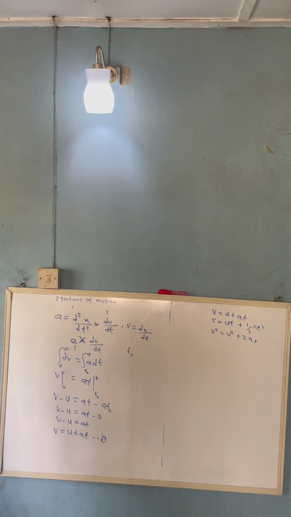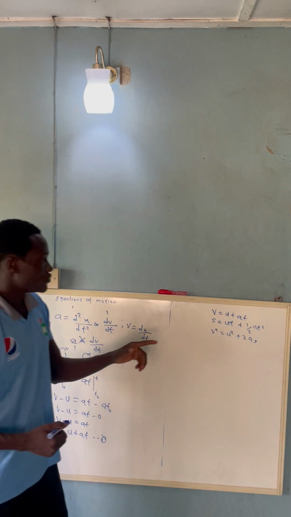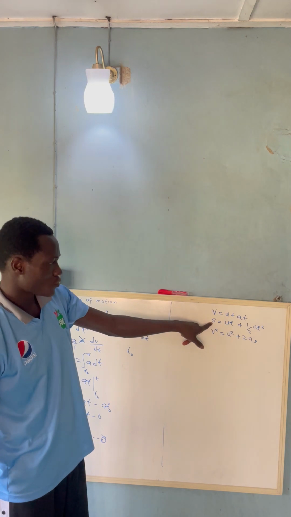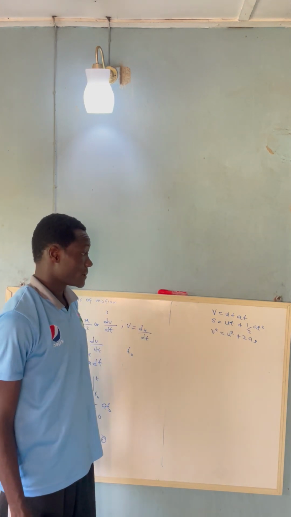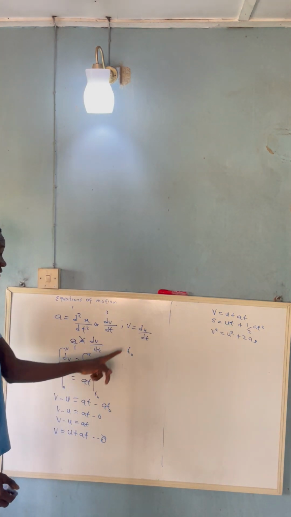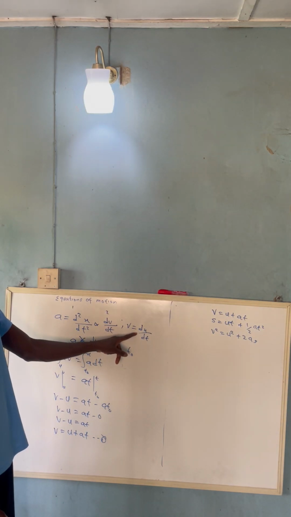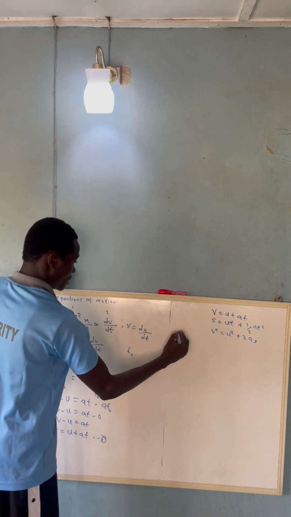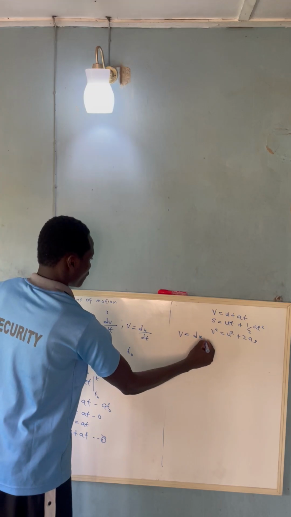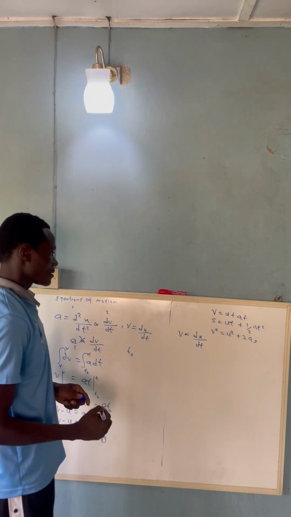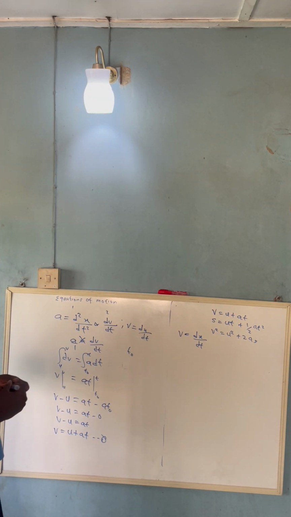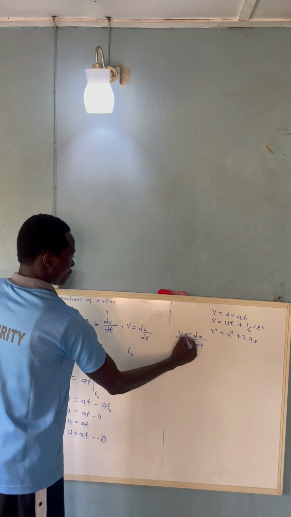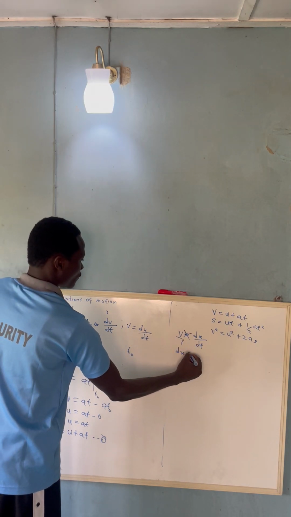The second equation of motion, notice we have displacement here, we have acceleration, and we have time. So we can use the velocity formula. Velocity is first derivative of displacement. So we say v is equal to dx over dt. First derivative of displacement. So we can cross multiply from here. We are going to have dx is equal to v dt.